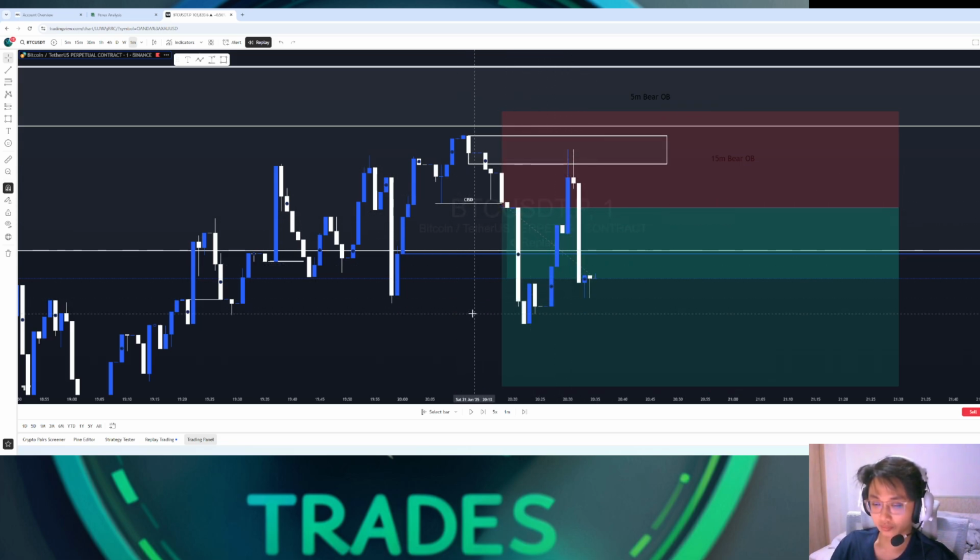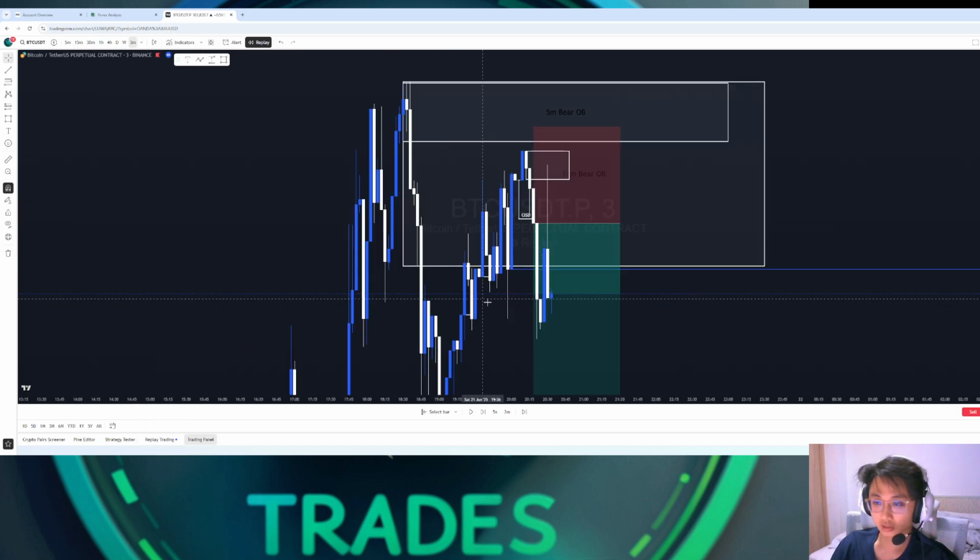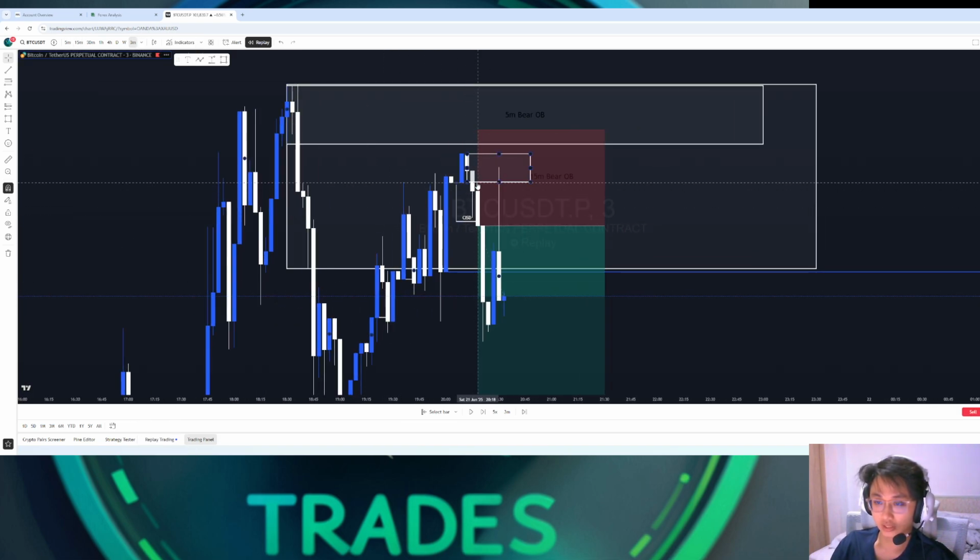creating a very sharp turn. You can see that on the 3 minutes, after a CISD, price has to mitigate opposite imbalances on the lower time frame to come up. This will stop out a lot of traders, but this gives us the best risk to reward ratio. After the confirmation on the CISD, we will always hit to the 1 minute.